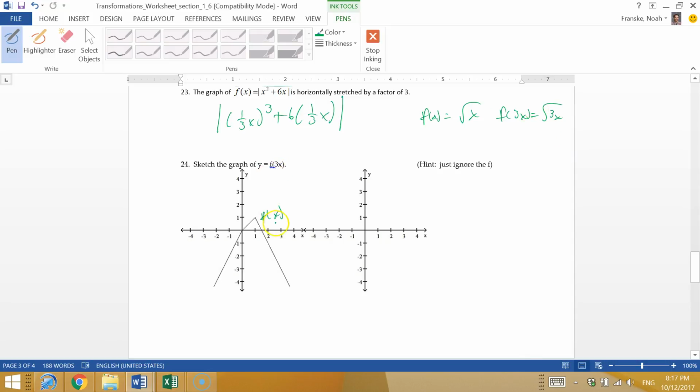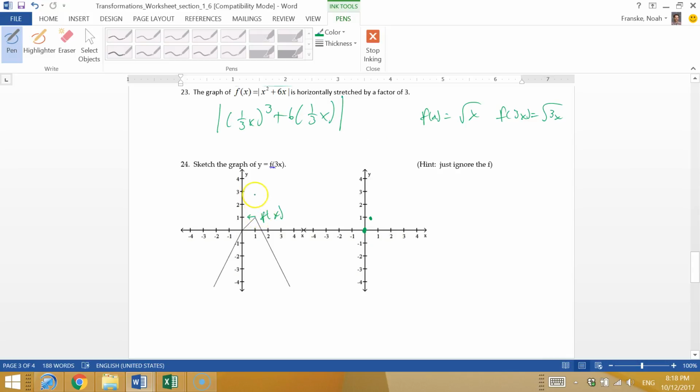If we want f of 3x, we're just going to shrink horizontally by a factor of 1/3. So (0, 0) is still going to be there, because a third of 0 is just 0. 1, though, is going to be translated back, right, because we are shrinking horizontally by a factor of 3, so it's going to go down to 1/3. Just dividing these all by 3.